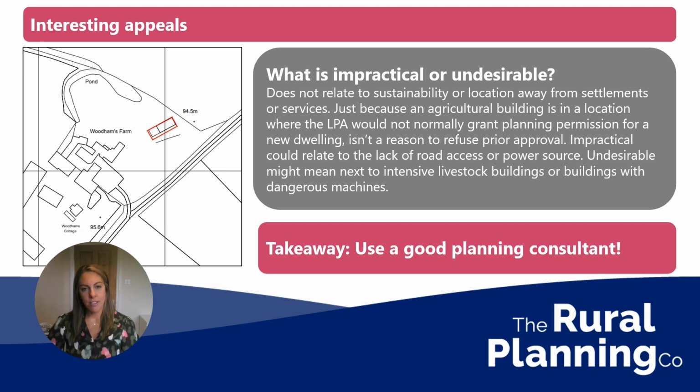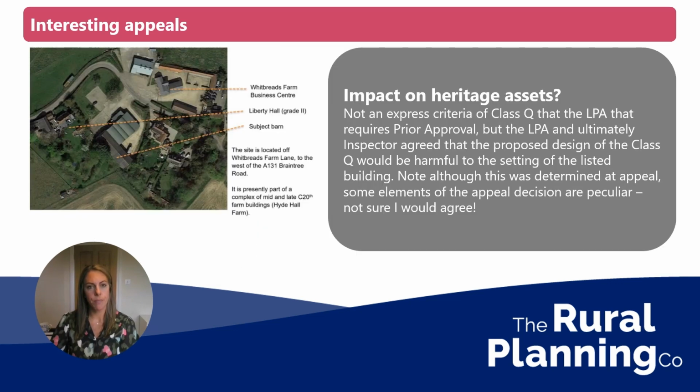Undesirable might be next to intensive livestock buildings, or a very busy farmyard, or converting part of a building where the other part continues to be in agricultural use, for example. So again, there's some level of interpretation in these words. Just ask somebody that's done lots of Class Qs, and they should be able to give you a view on whether it might be considered undesirable or impractical.